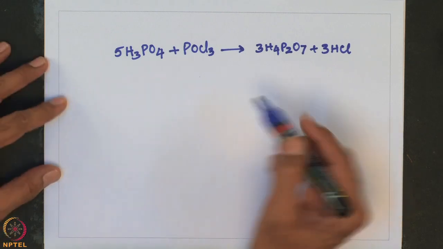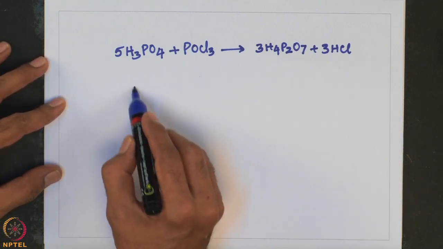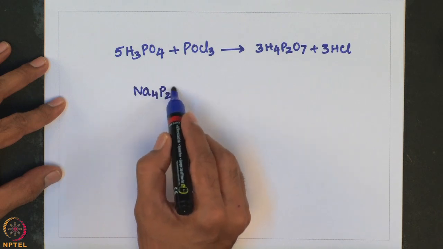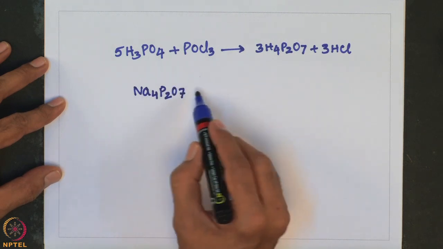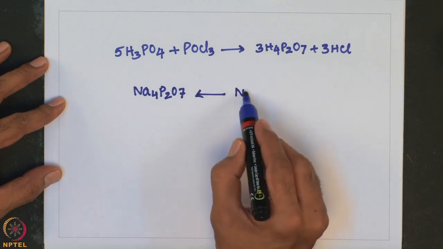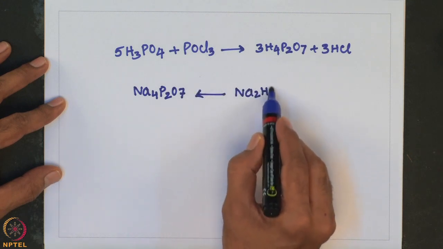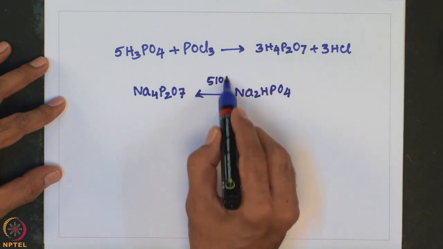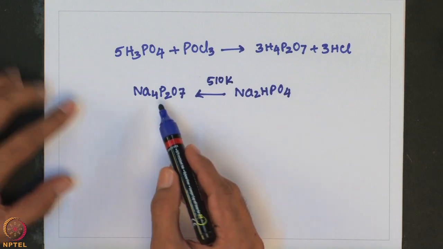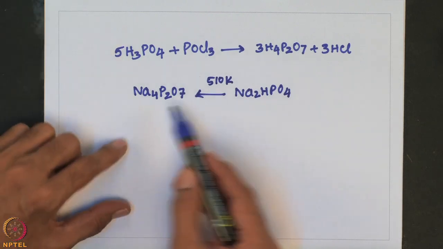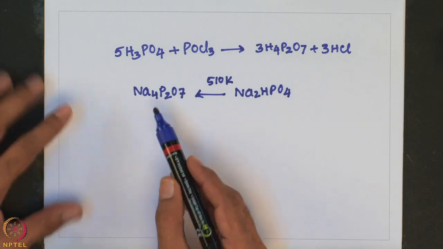The sodium salt Na4P2O7 can be obtained by heating NaH2PO4 at 510 Kelvin. Of course, here Na4 essentially you replace all OH with ONa, you will get the sodium salt. Okay.